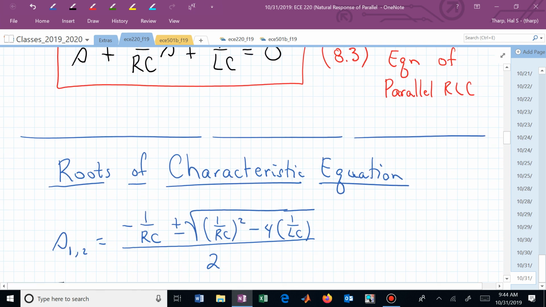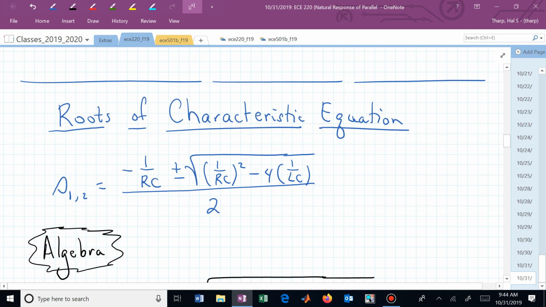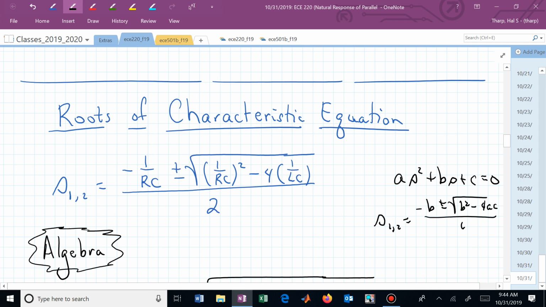Let's now just quickly find those roots in terms of R, L, and C. And here all I've done is I've just assumed that we might have this generic quadratic as squared plus bs plus c, and now we know that s, the two values of that are minus b plus and minus the square root of b squared minus 4ac over 2a.